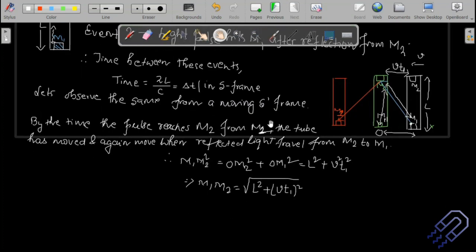Now we are going to use the postulate that we already know. M1M2, that means this distance, since it's the light pulse, is equal to time into speed. And in any frame of reference the speed of light won't change, by postulate.